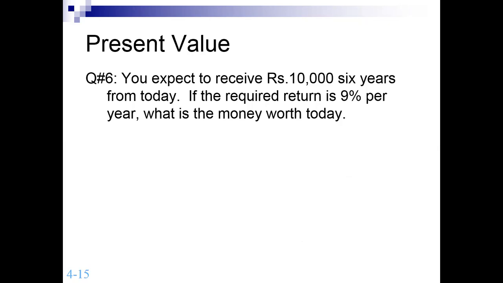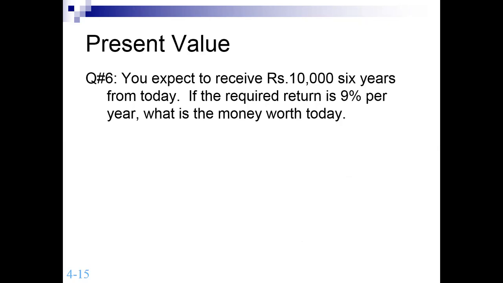Now again try this one. You expect to receive 10,000 6 years from today. It means that you are expecting that this amount will be received after 6 years. So naturally I cannot take this amount as present value. It should be taken as future value. If the required return is 9%, what should be the worth of this money? Whether question is asking you to find out present value, question is asking you to find out the worth of this amount right now, all things are similar.